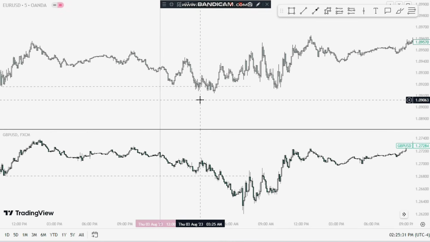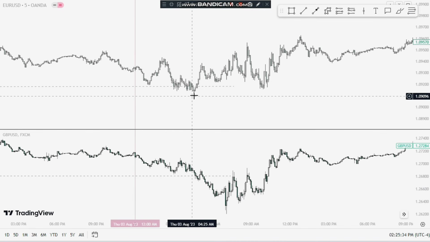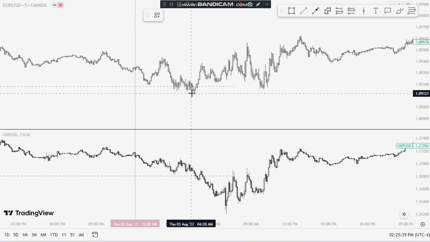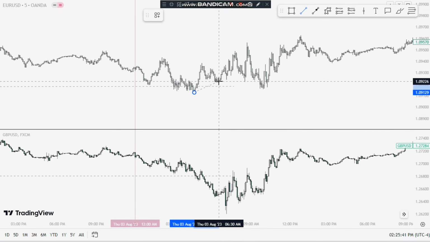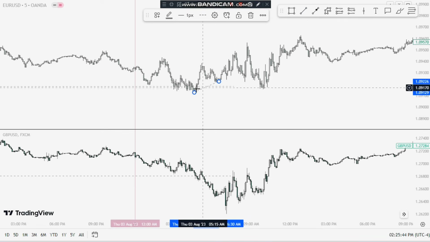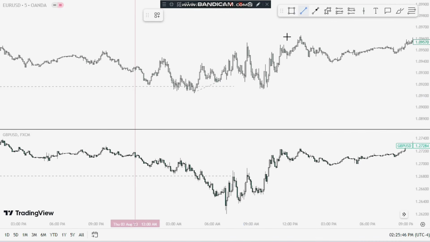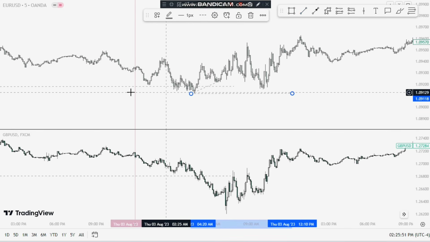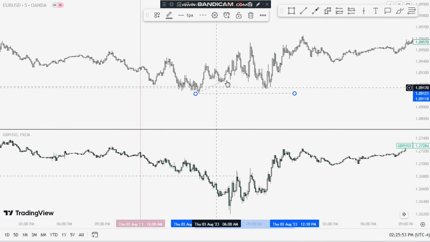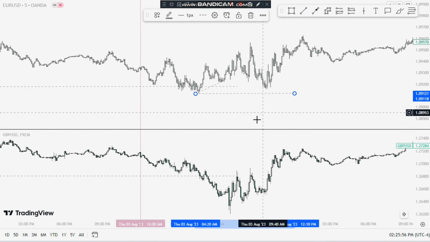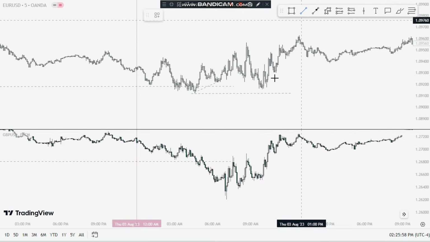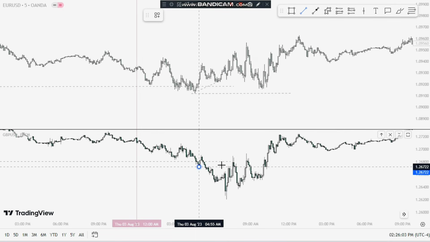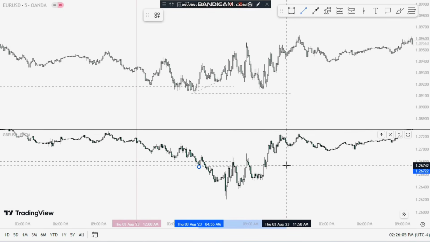Now we will discuss what's the structure that we are looking for. You can see that in euro, once the sweep happened, it didn't make a lower low, okay? You can see that the price didn't sweep this low, okay? This was the low which swept the previous day low, and now this low on the euro hasn't been swept. But if you look at the GBP, this was the low which swept the previous day low, and you can see that this low was swept.